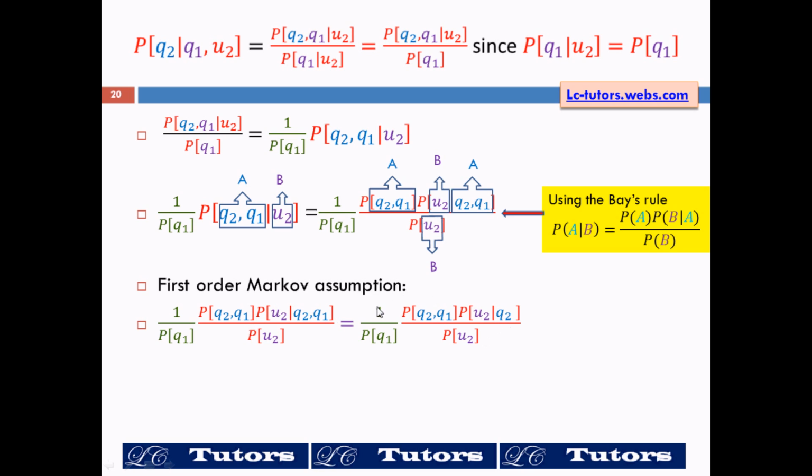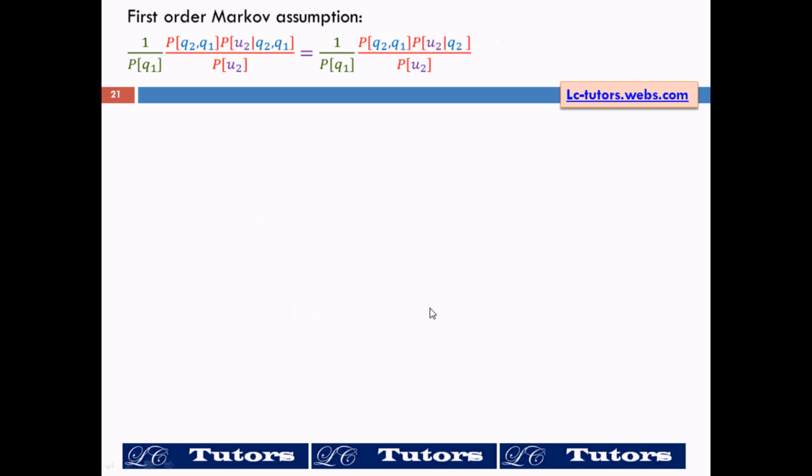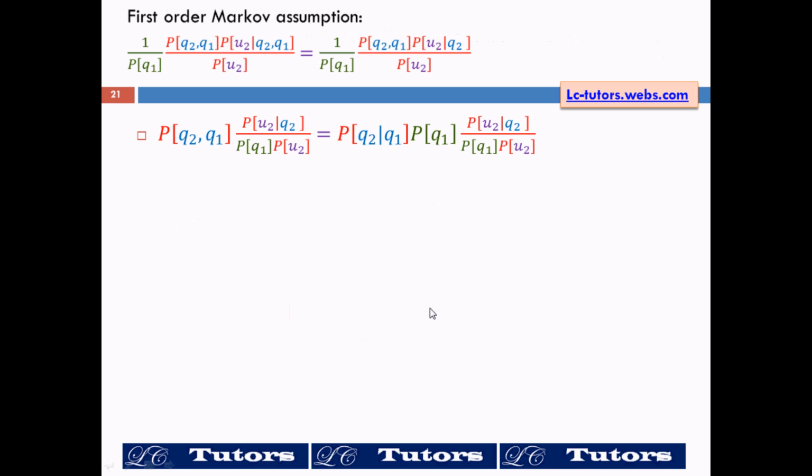Okay, now we have this little expression here. We still have some doubts to resolve, so we'll go further to get rid of this P(Q2, Q1), because we still cannot find it out.